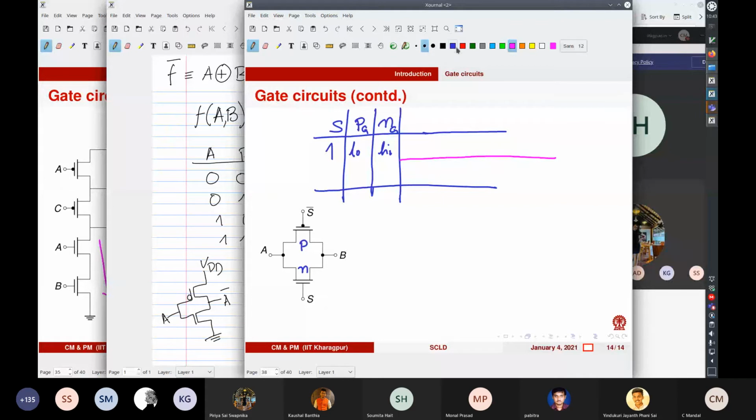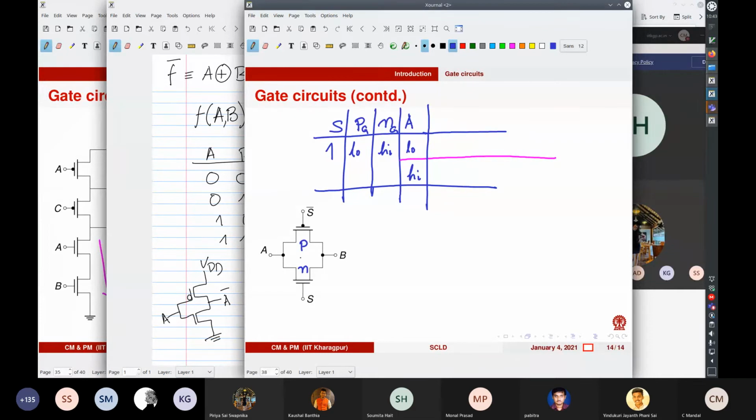We consider two possibilities for A: when A is low and when A is high.